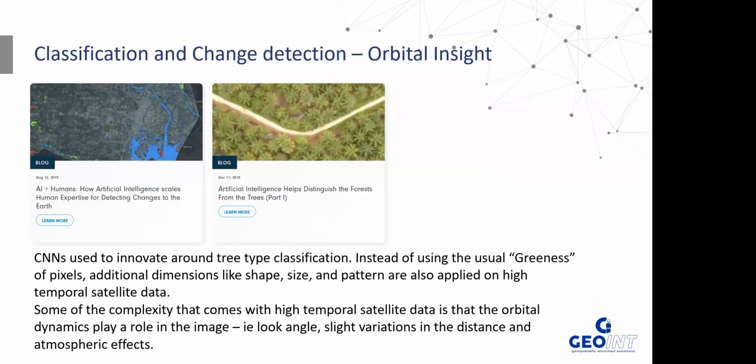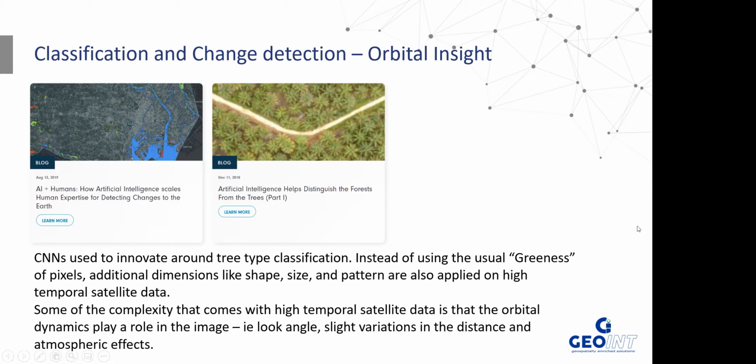Then this is a bit more of an international view, a really innovative company called Orbital Insight that's looking at classification and change detection. And here they use convolutional neural networks to innovate around tree type classification. The case here was looking at palm trees, or palm oil production.